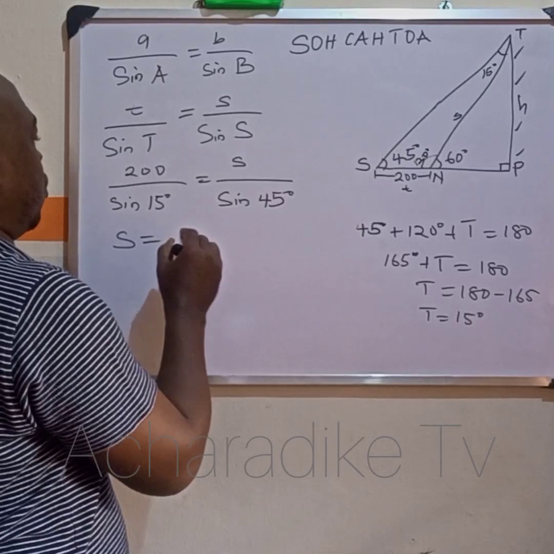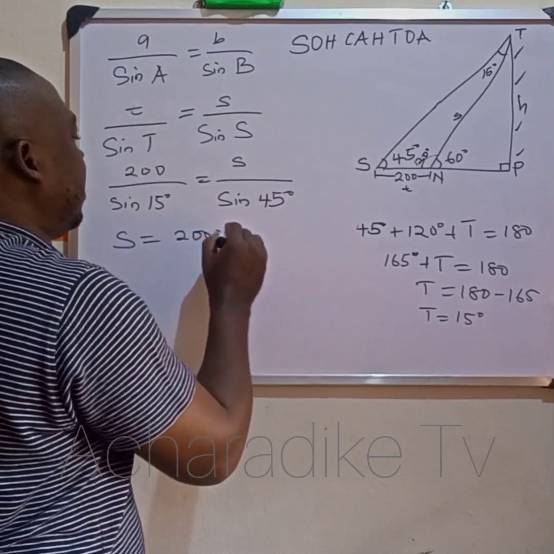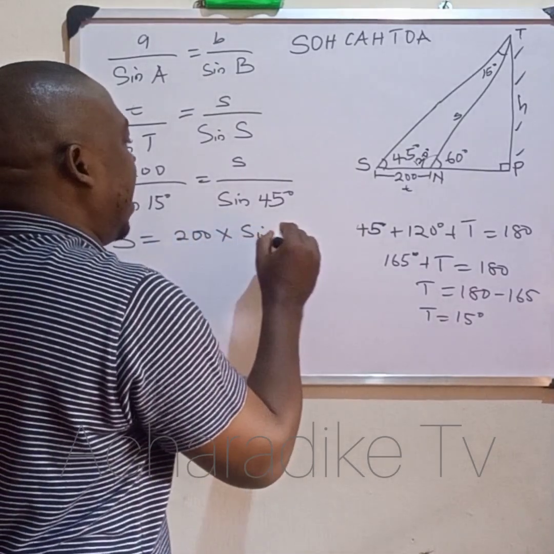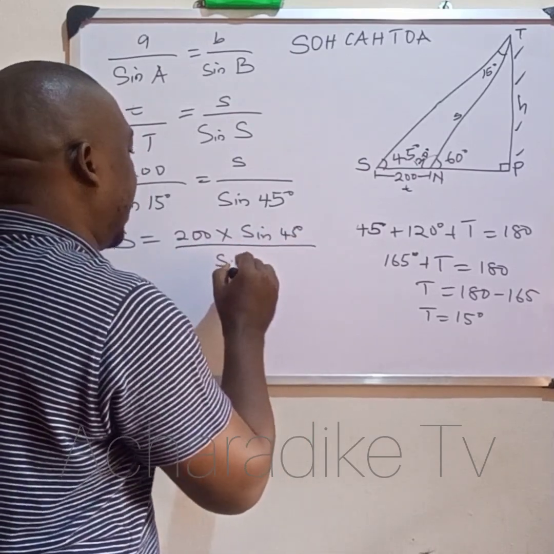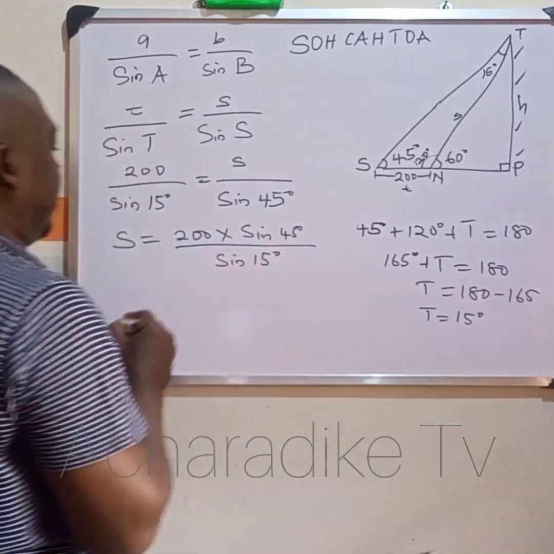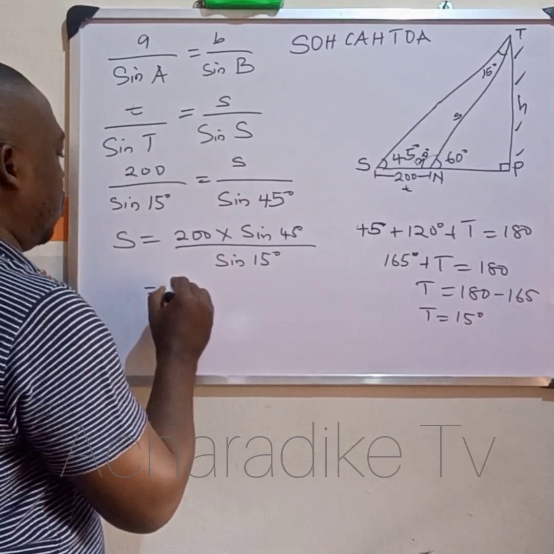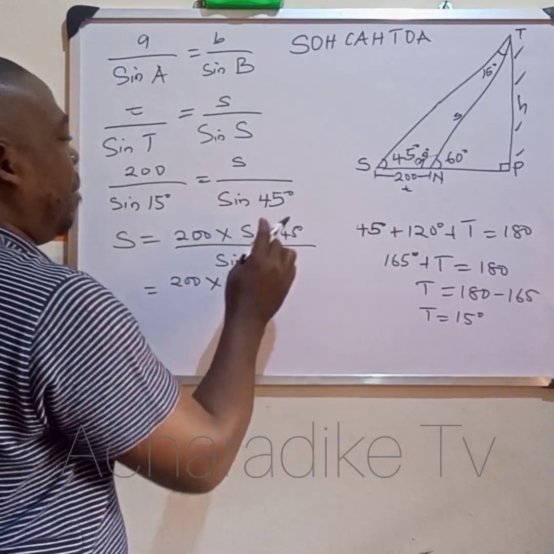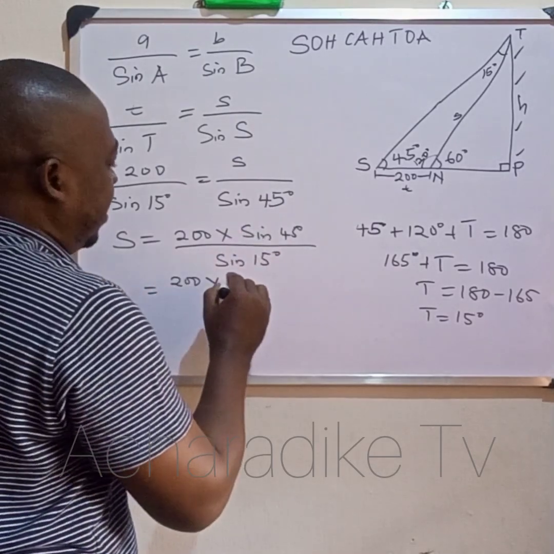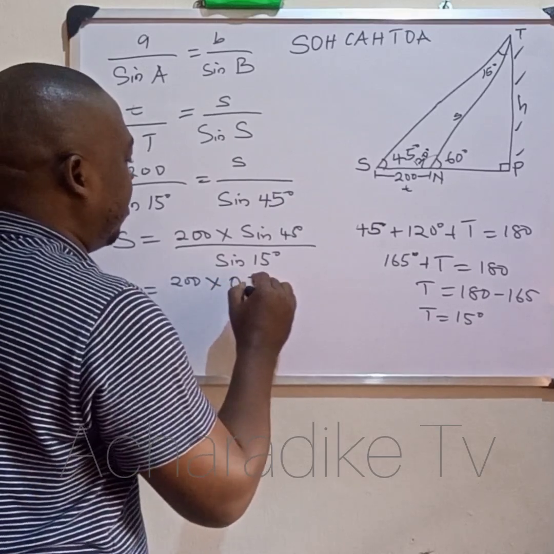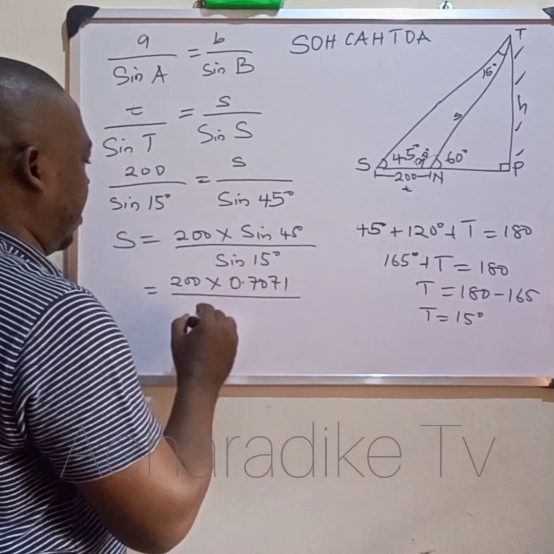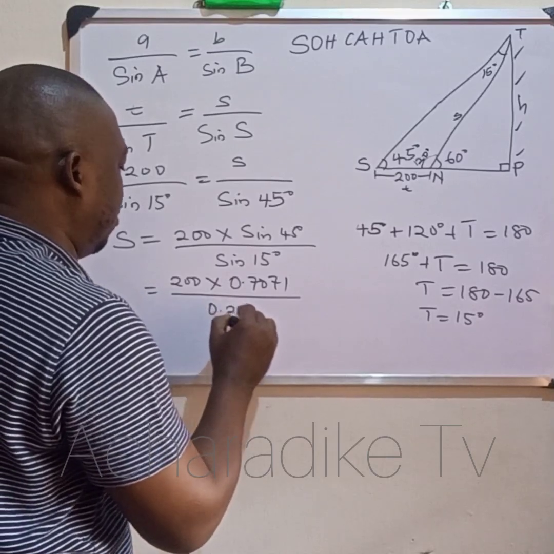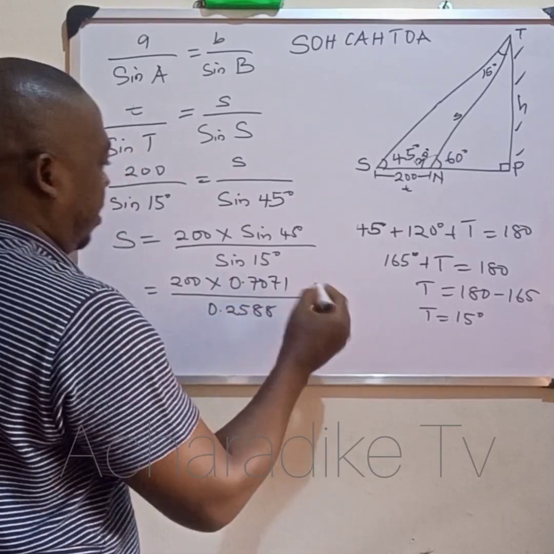S will be equal to 200 times sine 45 degrees all over sine 15 degrees, which is equal to 200 multiplied by sine 45 degrees, which is 0.7071, all over sine 15 degrees, which is 0.2588.